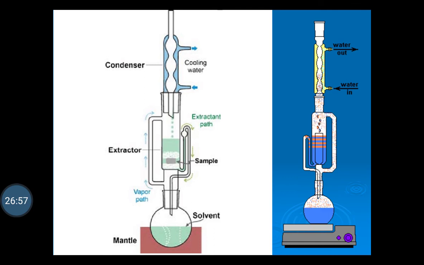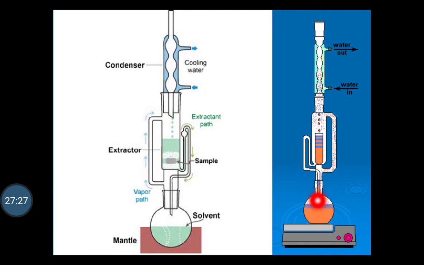So here you can see this process, that is, the solvent is heated. The heated solvent passes through this side tube into the condenser. In the condenser, it gets condensed and falls on the extractor. When the level of the solvent in the extractor reaches this level, it gets siphoned again through this siphon tube and falls into the round bottom flask.